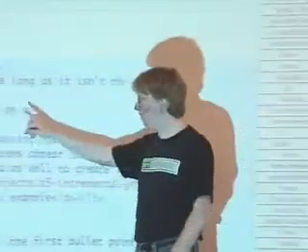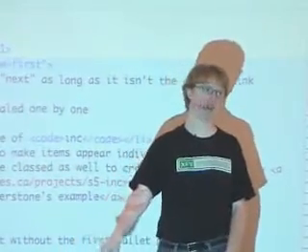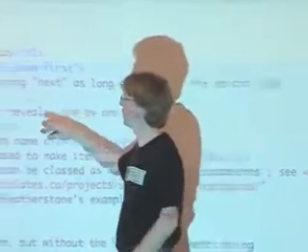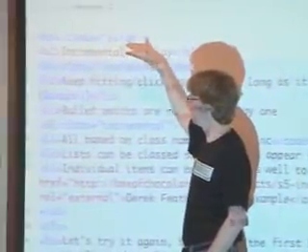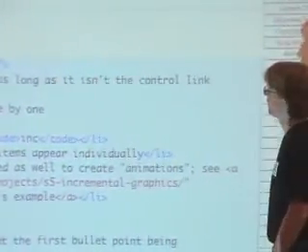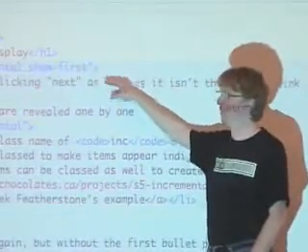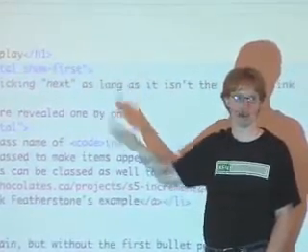So instead of having to mark every single one of the list items class equals incremental, you can just do it at the top level. In theory, actually, you could do it up here at the slide level to make everything incremental. I haven't actually done that yet, so it'd be interesting. But the show first just means show the first bullet point by default and increment from there.